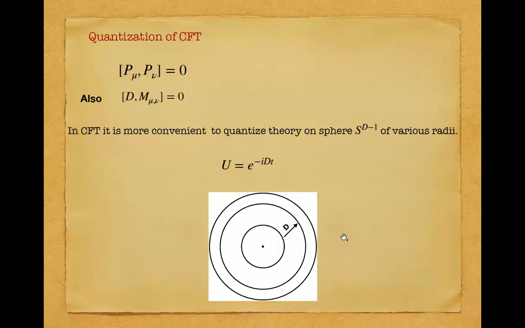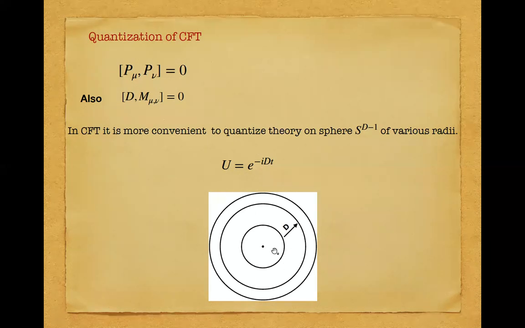In CFT, it is possible to do exactly the same thing, but to see many useful properties of CFT, it turns out that a different kind of quantization, called radial quantization, is more useful. What is done is that we foliate the spacetime by spheres.